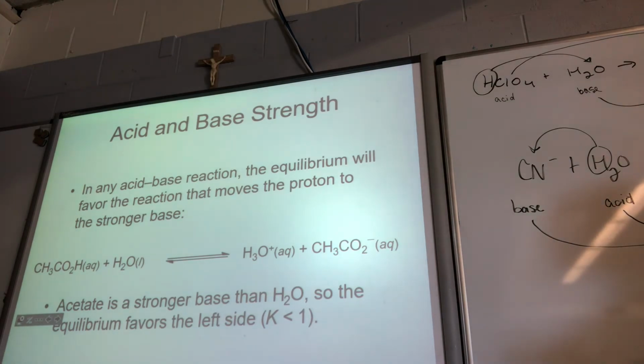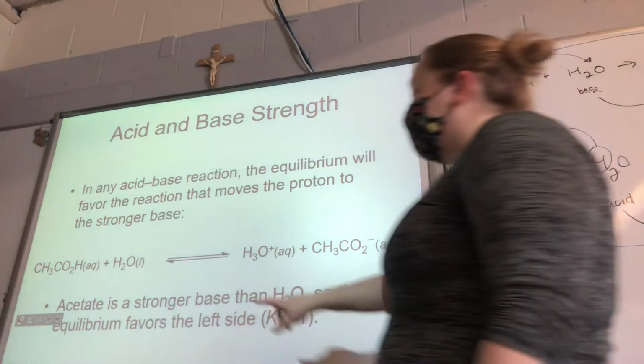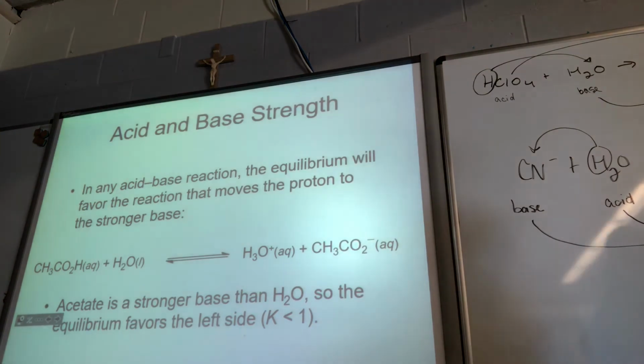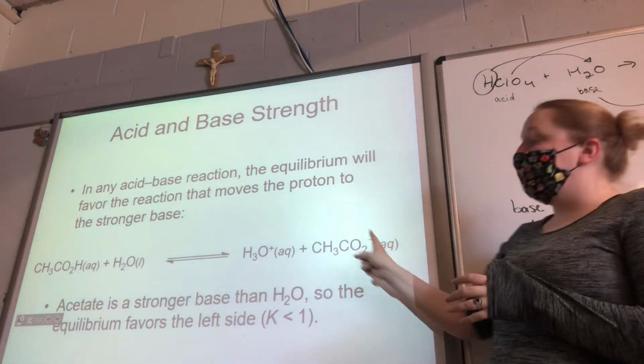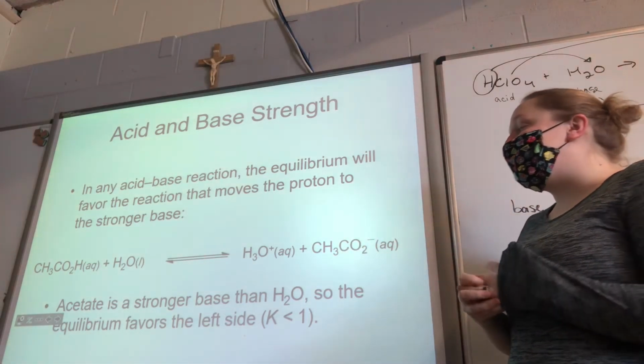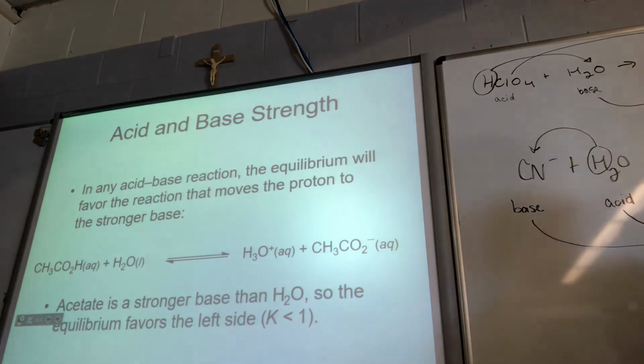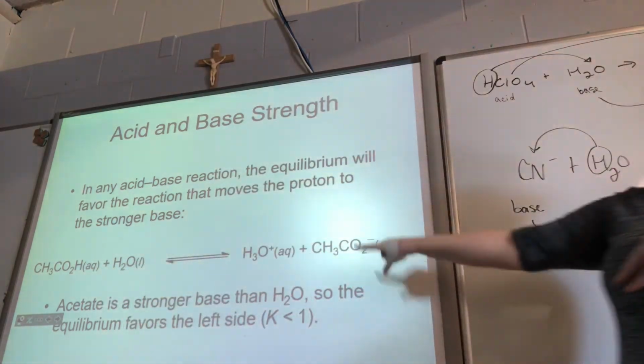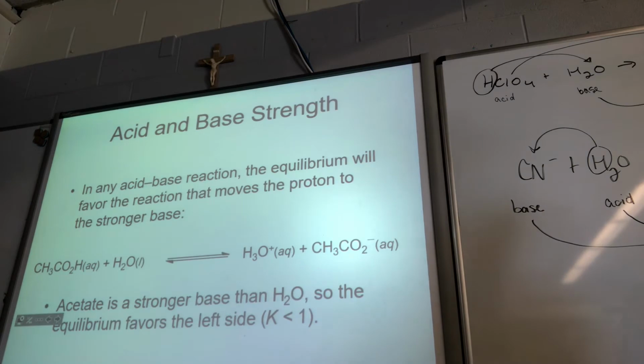When it comes to a weaker acid, which is our acetic acid, it is going to give up its proton, just like it should, and form the acetate ion. Acetate ion in this case is a stronger base than our water is. A weak acid dissociates and forms a stronger base than water.